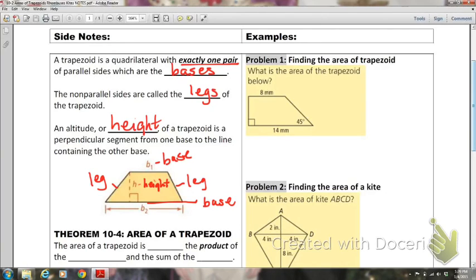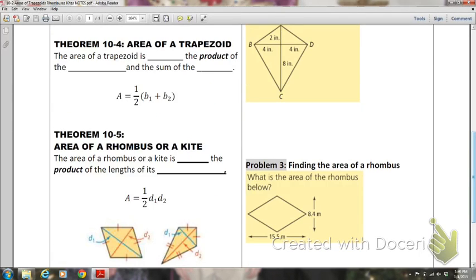So that brings us to the area of a trapezoid. The formula for the area of a trapezoid is going to be half the product of the height and the sum of the bases.